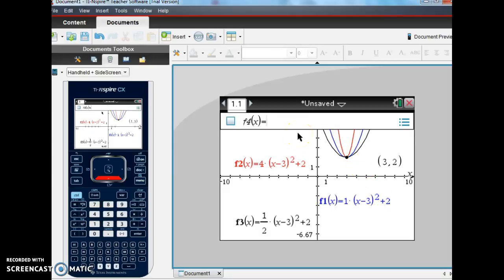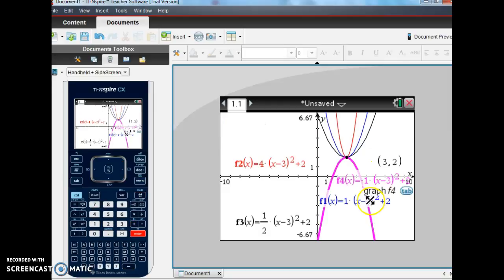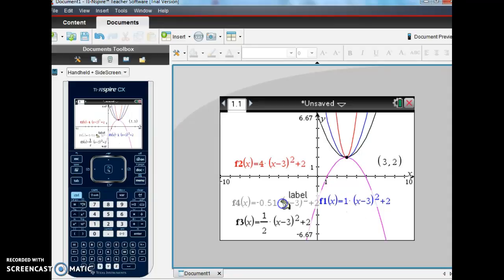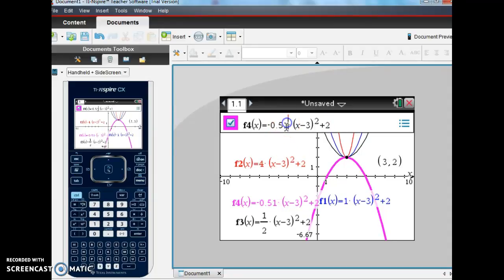But let's say we make a negative. So let's go negative 1 times (x minus 3) squared, and then we add 2. Change that. Sorry, I meant to grab the label and it grabbed the graph instead.